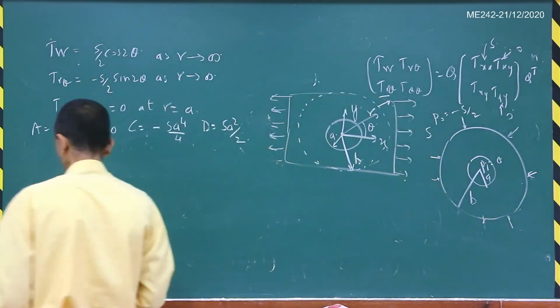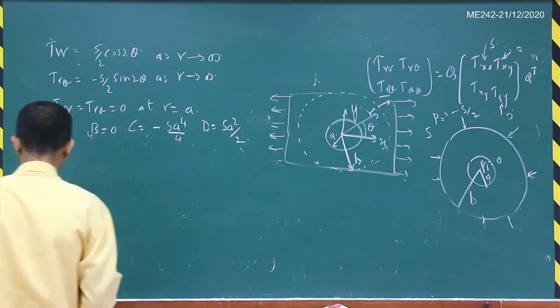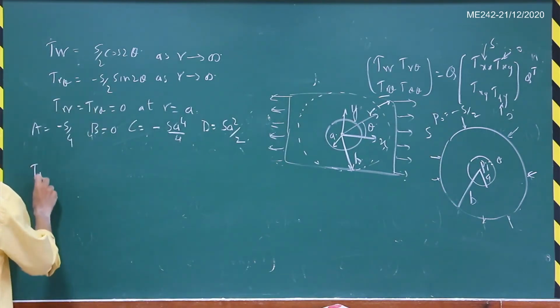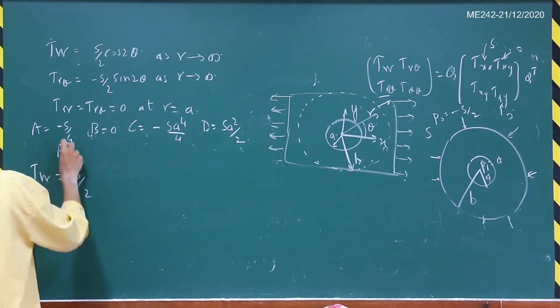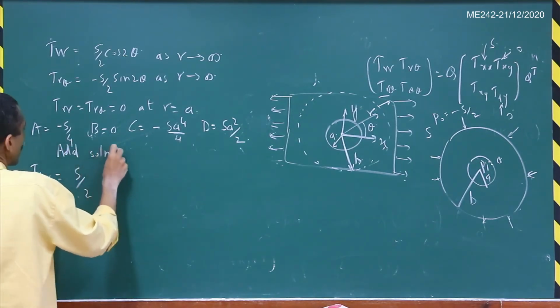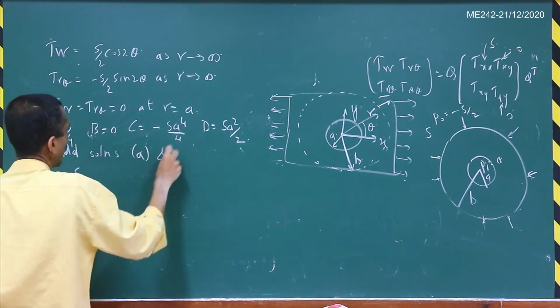Yes, so what I get now is that τ_rr, so now this is a total stress distribution. This is, so add now solutions A and B now.